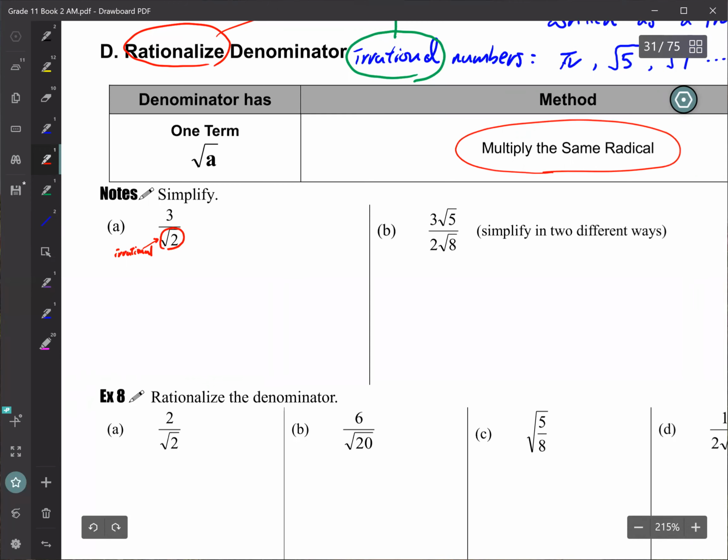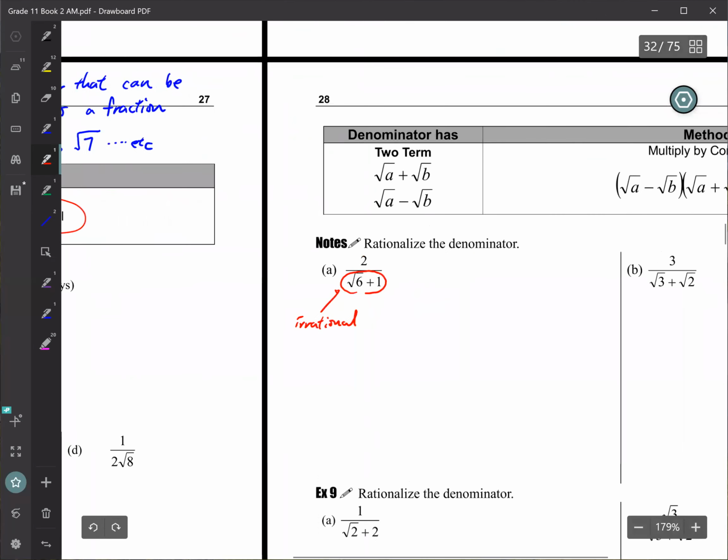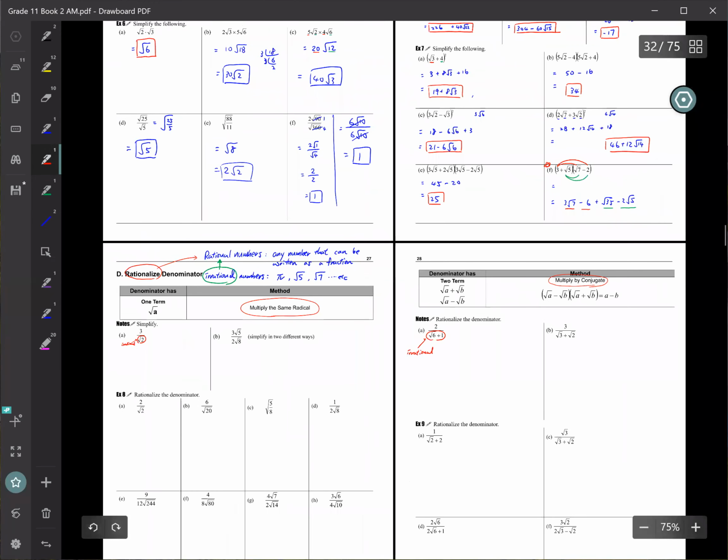And then we will be talking about what if the denominator has two terms, like this one. Root 6 is irrational, so root 6 plus 1 is still irrational. That's on the next page, page 27. So that's two terms, and we can multiply by the conjugate. We'll get to that in a sec. So we'll start with one term.